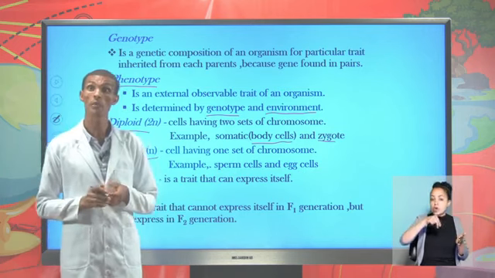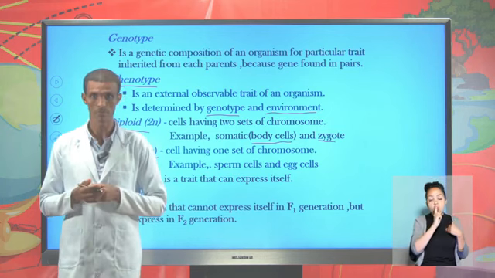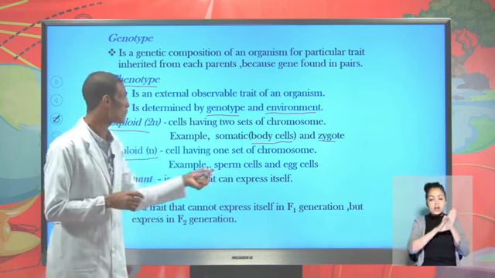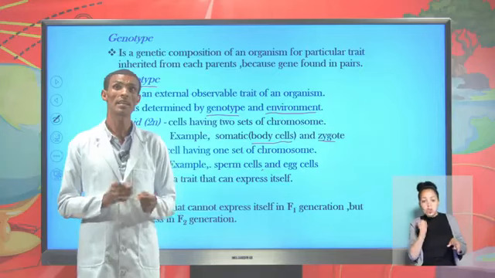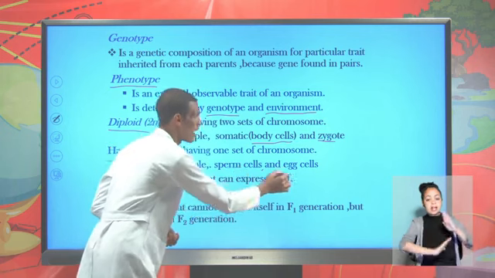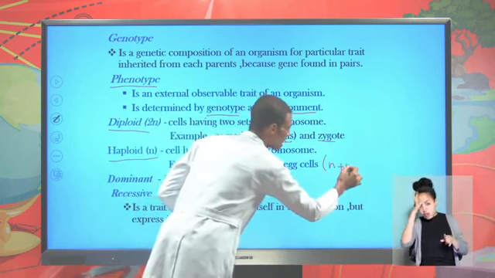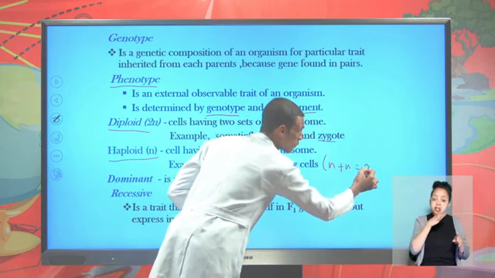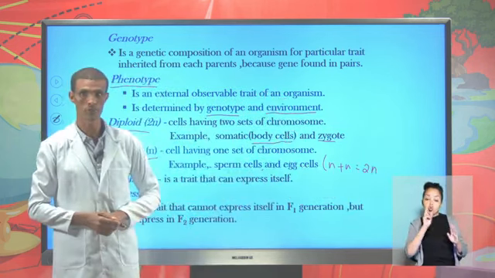When you say haploid, it is a cell having one set of chromosomes, for example the sperm cell from the father and the egg cell from the mother. We inherit N from the father plus N from the mother, which as a result of fertilization comes to form 2N, or the zygote.